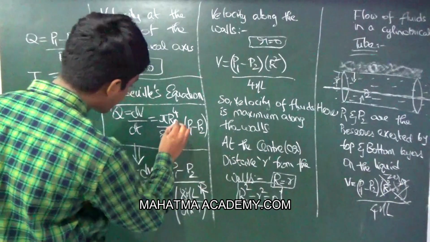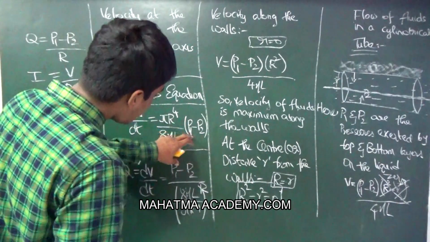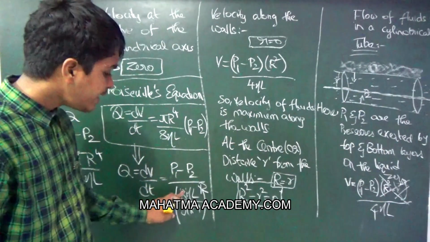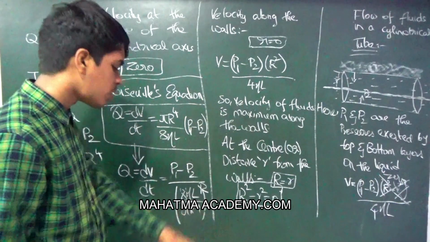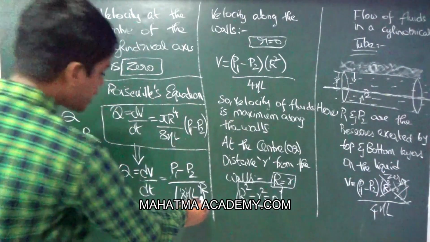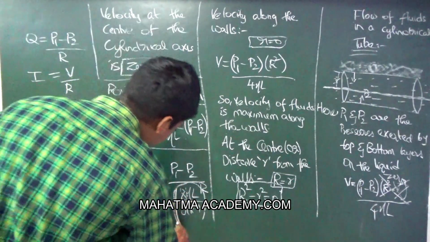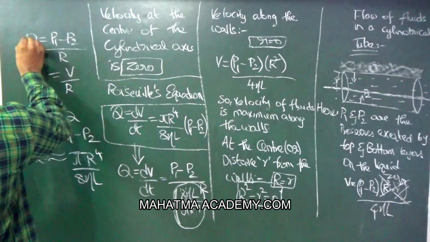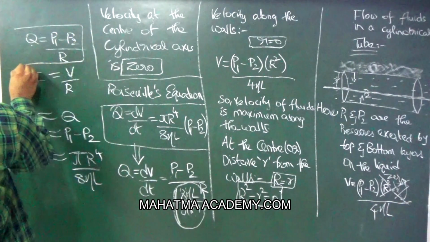Now if we invert this and divide, we will get P1 minus P2 upon 8 eta L upon pi r to the power of 4. Now we will take this 8 eta L divided by pi r to the power of 4 as R. We will get the equation.